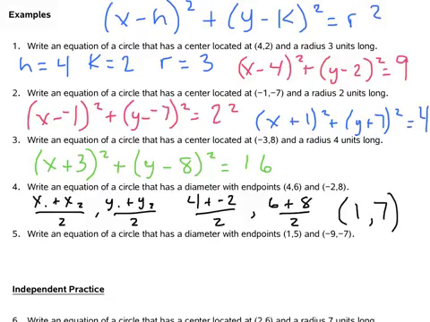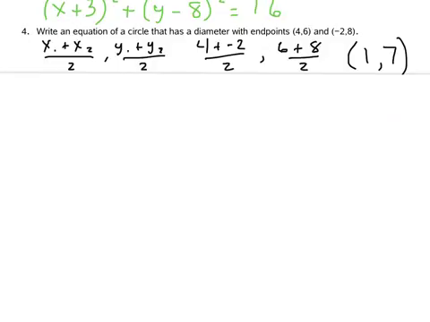So I need to get a little bit more room here. Alright, now that I have some more space, I'll just go ahead and start off with my formula, just so I can keep track of what I need to find. Now I already have h and k, but I need r.